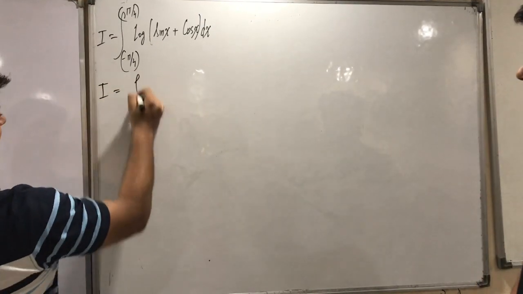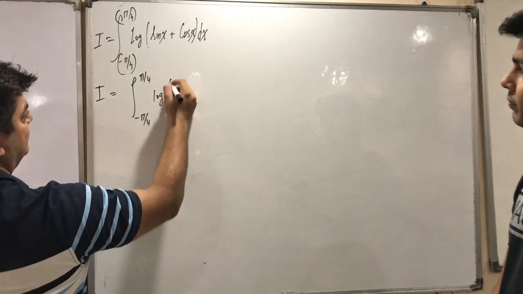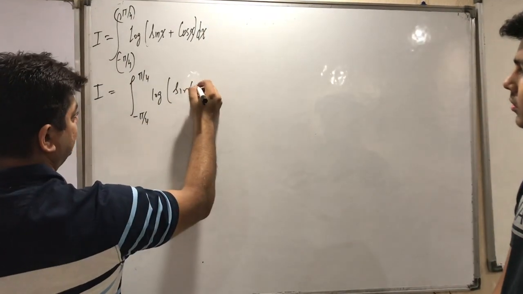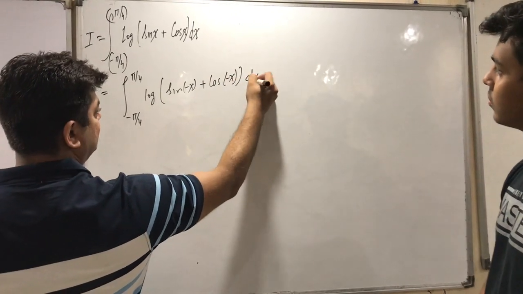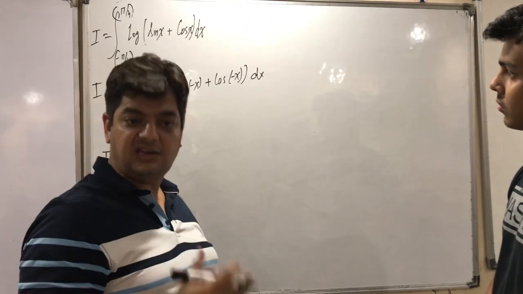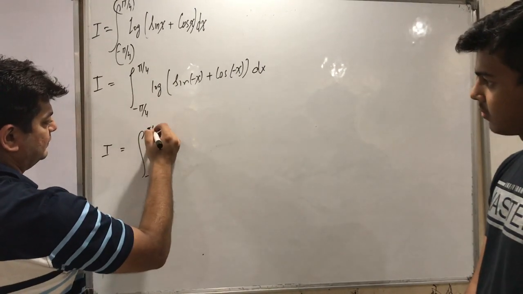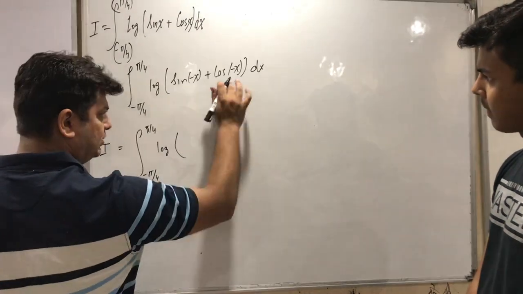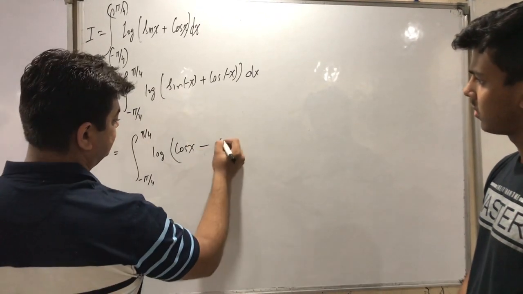So I can have the same result if I put sin of this plus this minus x, that means sin minus x over here and minus x over here as well. Due to some basic trigonometry, I understand that cos minus x is cos x, whereas sin minus x is minus sin x.